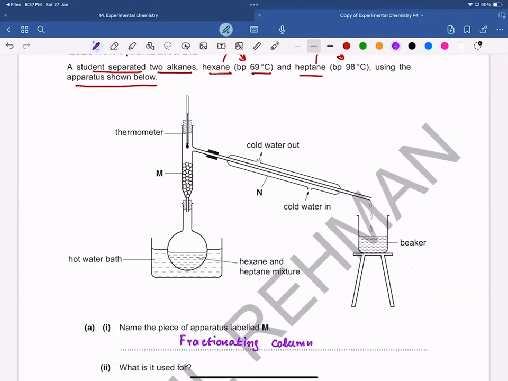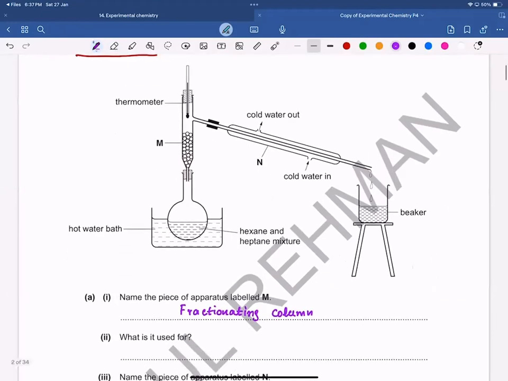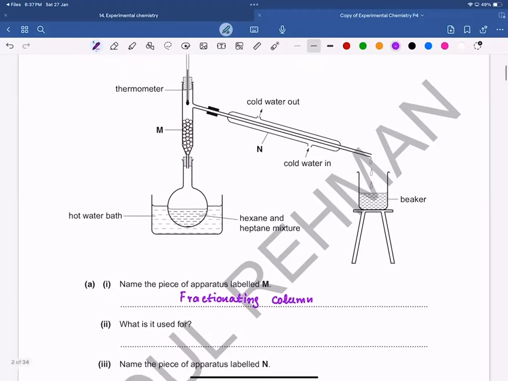Fractionating column. Now, what is it used for? Yes, to separate... If you just write "to separate", you will not get any mark.